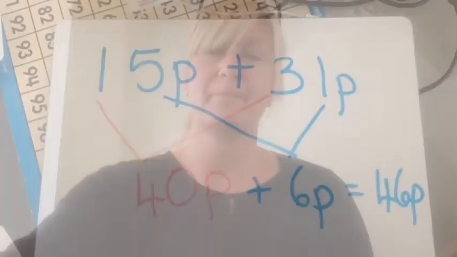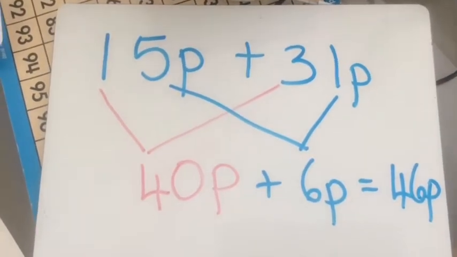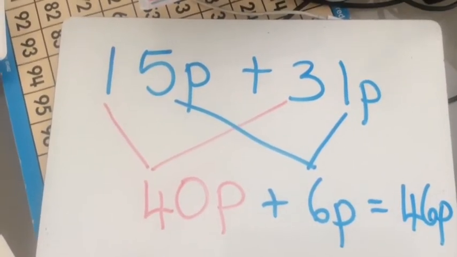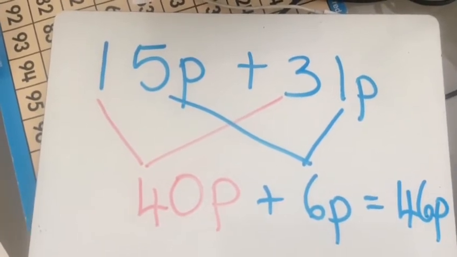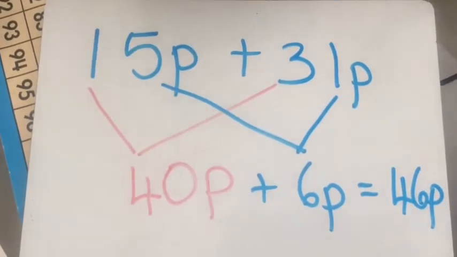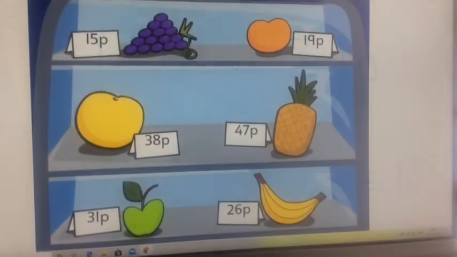If you want to do it practically, you can raid that piggy bank again. Get out some 10p's and 1p coins and set them out just like I did with the money tool. Remember, if you prefer, you can write it down like this. You might even just be able to work it out in your head, whichever way suits you.